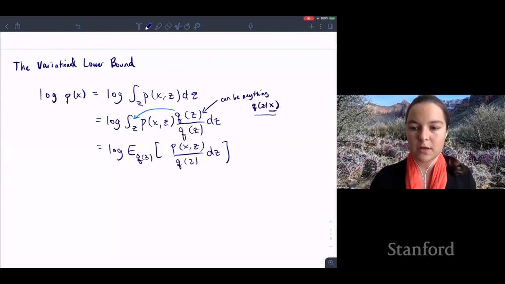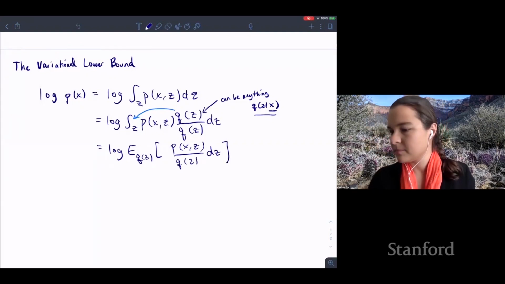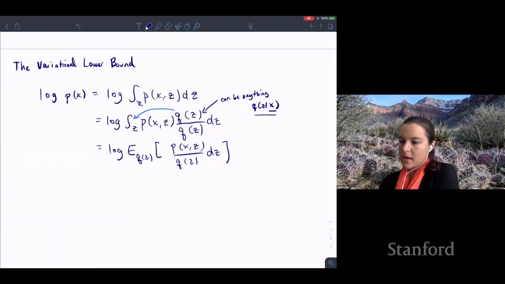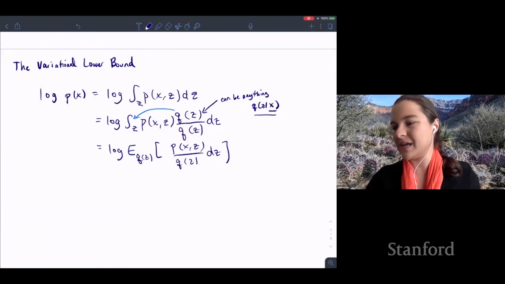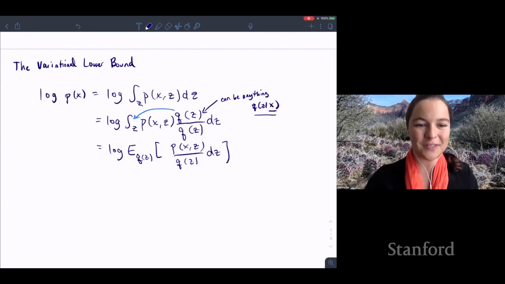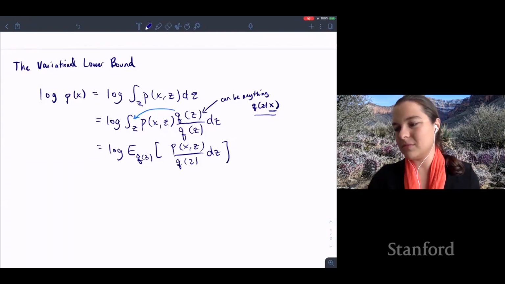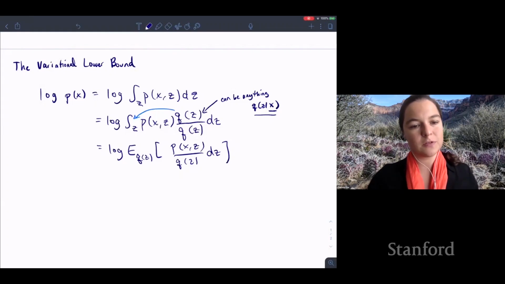So we're still at equality here. And this is nice because now we no longer have to compute this integral over Z. We can essentially approximate this by just drawing samples from Q of Z.